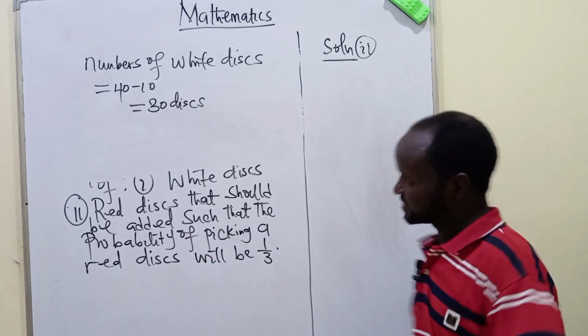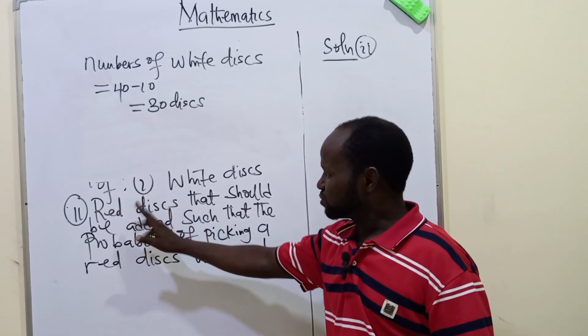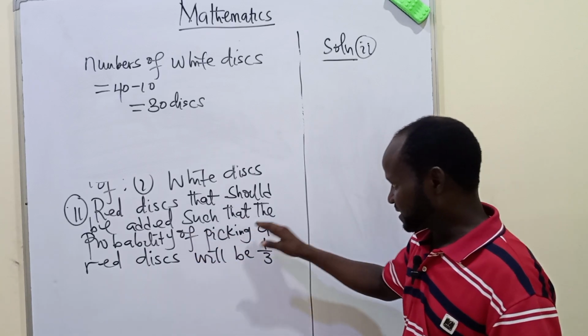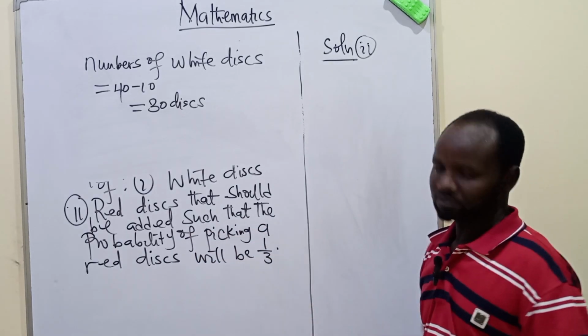Alright, let's look at part (ii). We are asked to calculate the number of red discs that should be added such that the probability of picking a red disc will be 1 over 3.